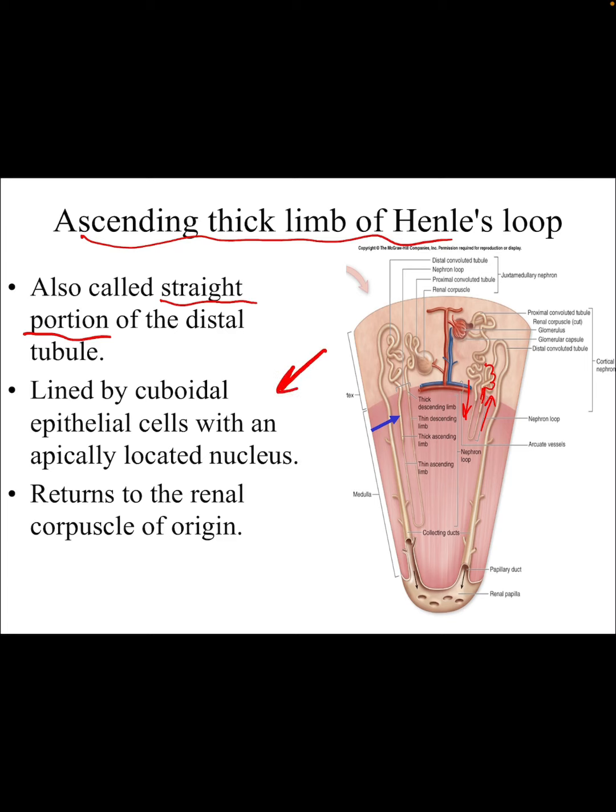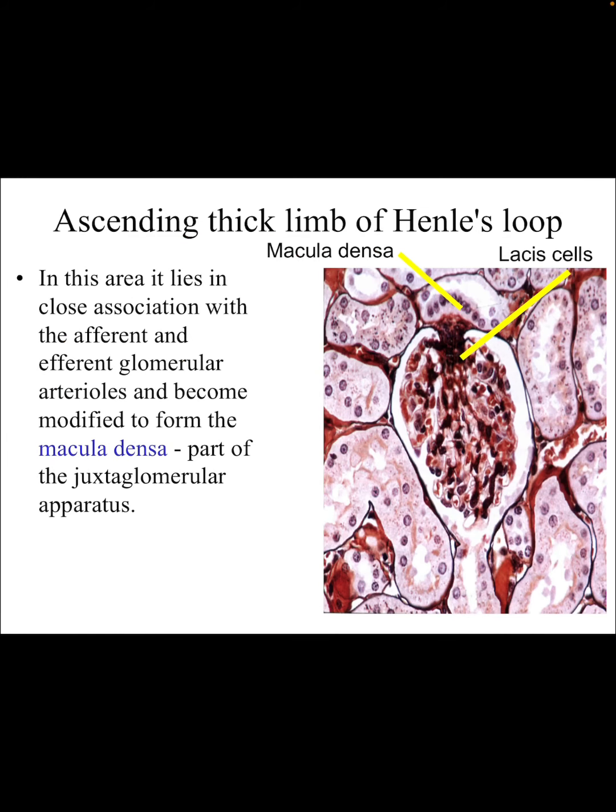Usually the lining of this tubule is simple cuboidal epithelium, there's no brush border. See this one here? This is the ascending thick portion. The lining epithelium is simple cuboidal epithelium. As I said, there is no brush border, there's no microvilli.